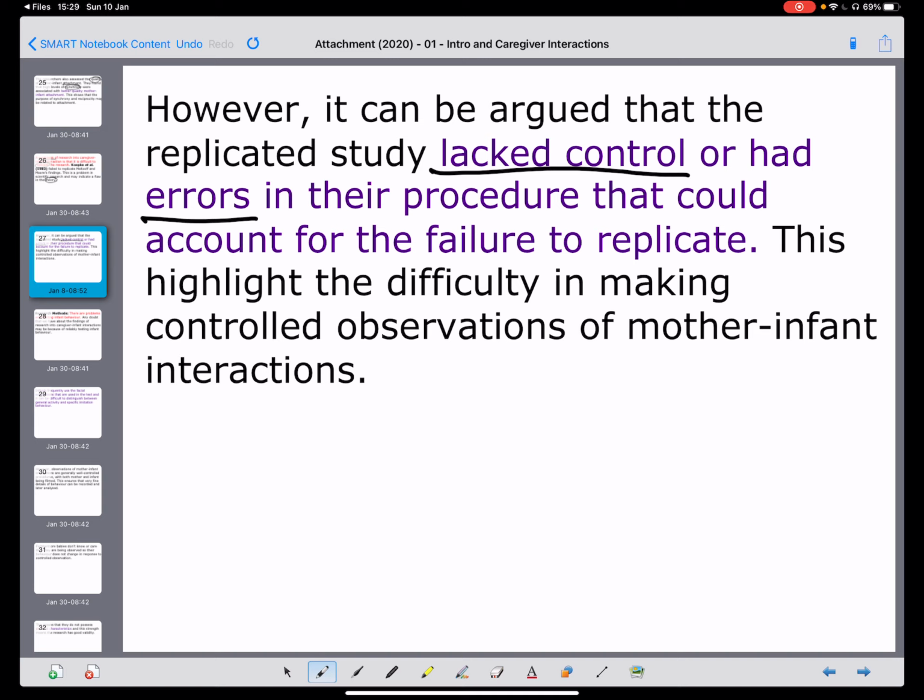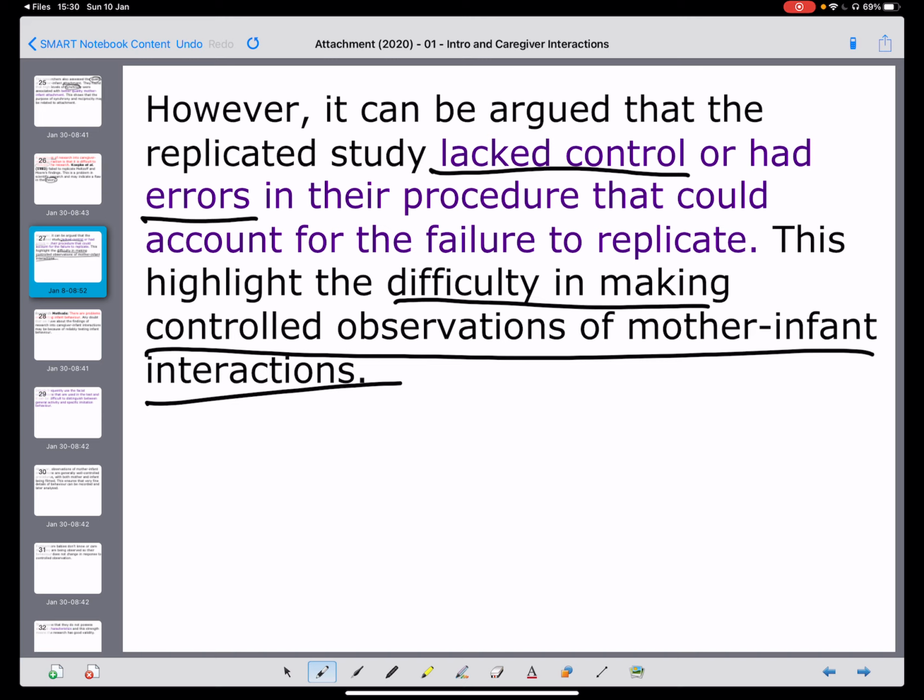It says here, the difficulty in making controlled observations of mother-infant interactions. And of course, we're working with babies, okay? So babies are difficult. They don't do what we want them to do. In fact, if you do have a younger brother or sister, or a family member that has a little baby, you often see that they stereotypically don't do what they're meant to do.